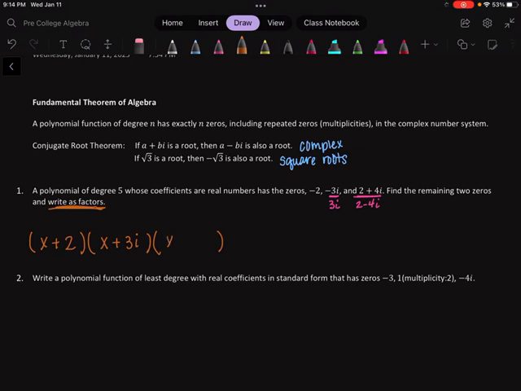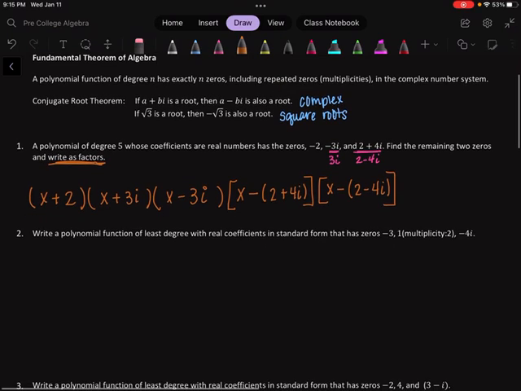And then we would have x minus 3i. And then this one becomes a little bit complicated because it's x minus, and then in parentheses, 2 plus 4i, and x minus 2 minus 4i. And that's basically writing out the factors.